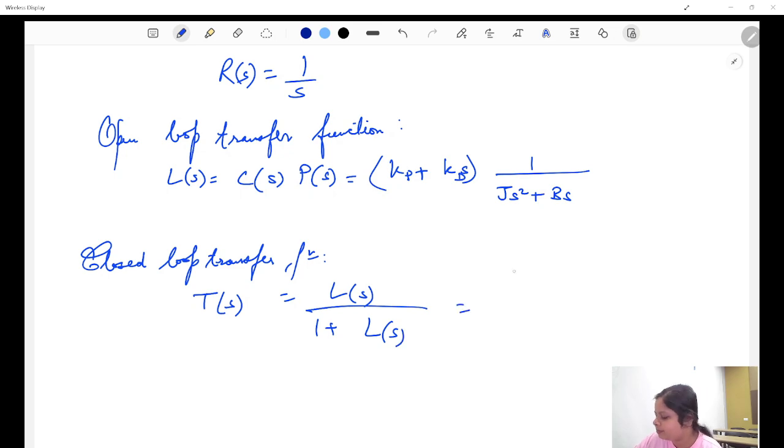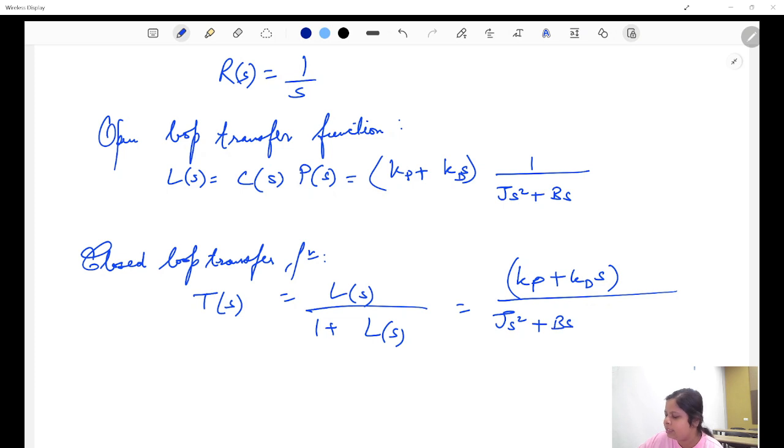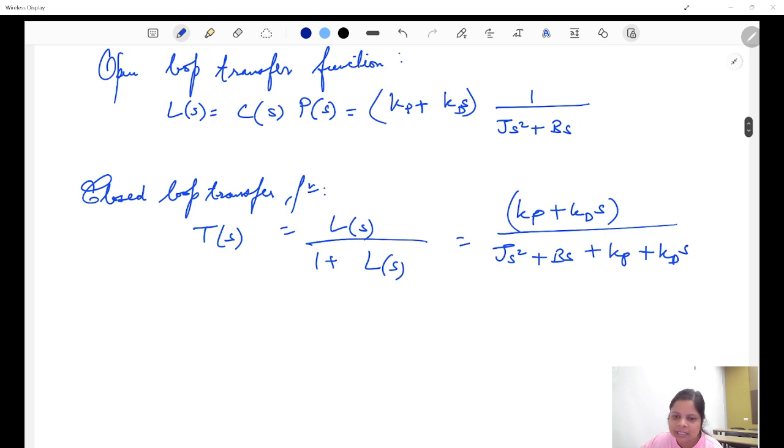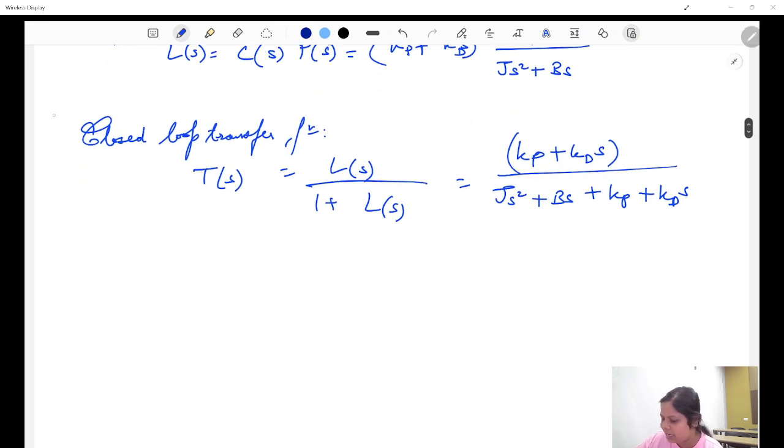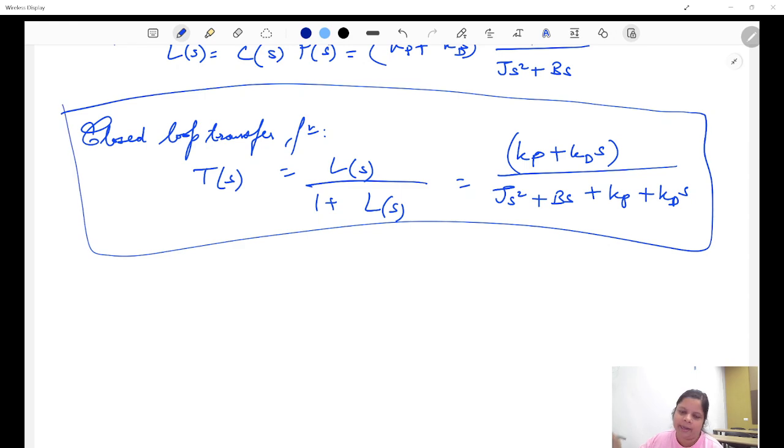So it would be Kp plus Kd s upon Js squared plus Bs plus Kp plus Kd s. Okay. We are interested in the steady state error. So this is something that we should know how we are finding out.